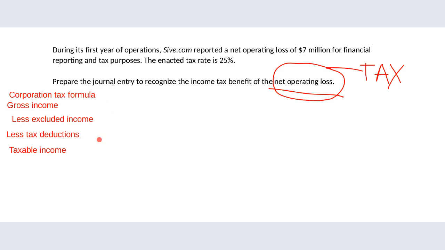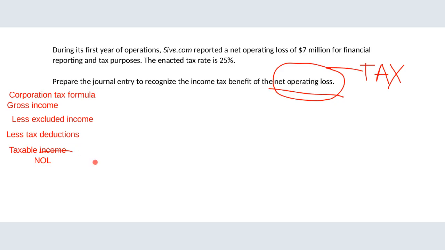So instead of a taxable income, they ended up with a taxable net operating loss. We abbreviate that as NOL. When you see NOL, that's what it means, net operating loss.